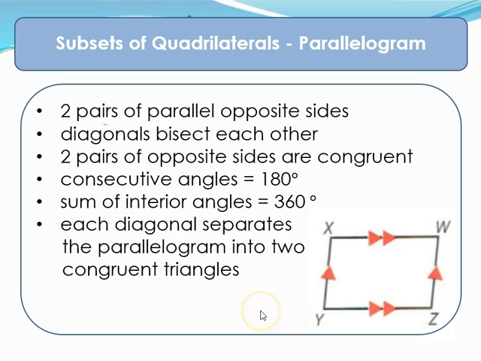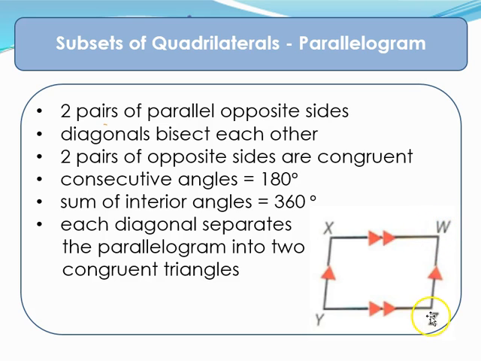Two pairs of opposite sides are congruent. So XY is congruent to WZ, and XW is congruent to YZ. Consecutive angles equal 180 degrees. So angle X and angle W add to 180.